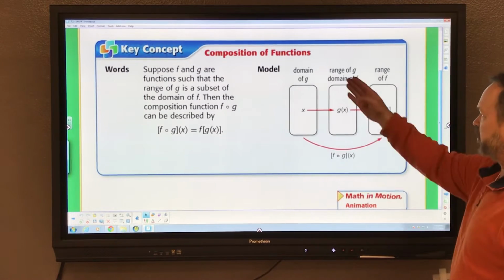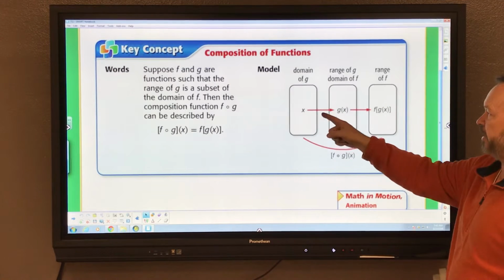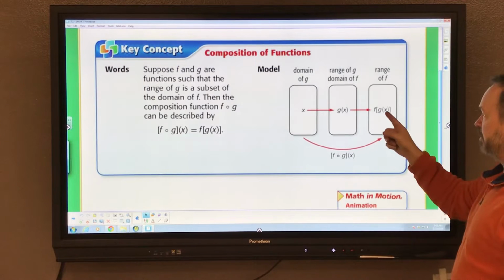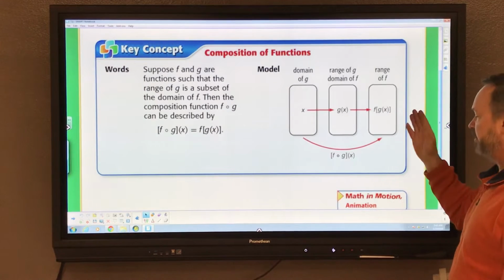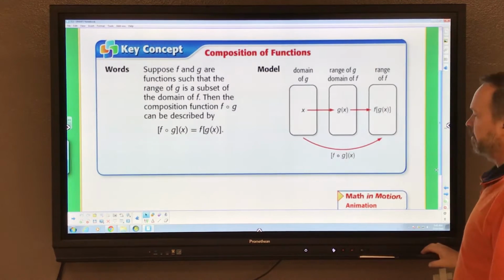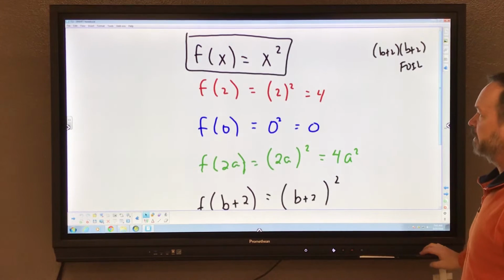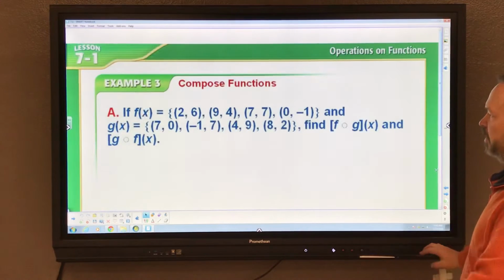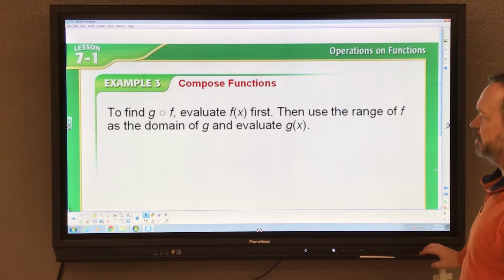And so, you can see here in this model where you put in an x, you get out a value, you put that value in the other function, and you get out a value, and that's what the composition is. So, this was reminding us of some things that we could do.